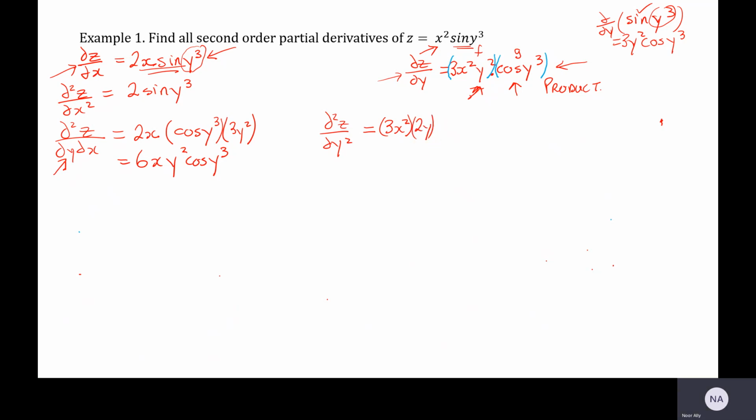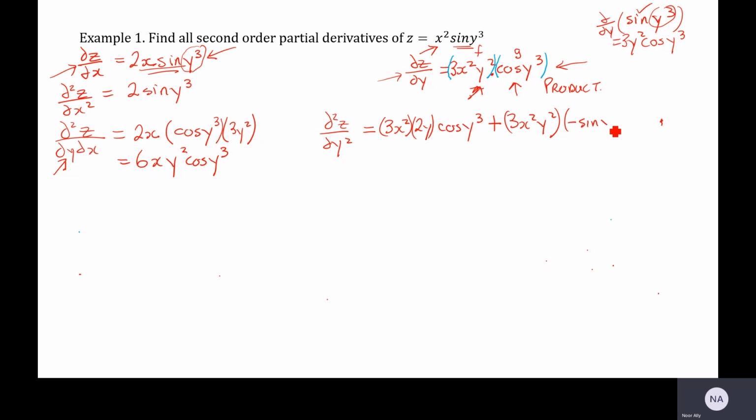And of course, you multiply that with the cos of y cubed without differentiating. Now you add plus. Now you leave the f, 3x squared y squared, and you differentiate cos of y cubed with respect to y. What do we get? What's the derivative of cos?